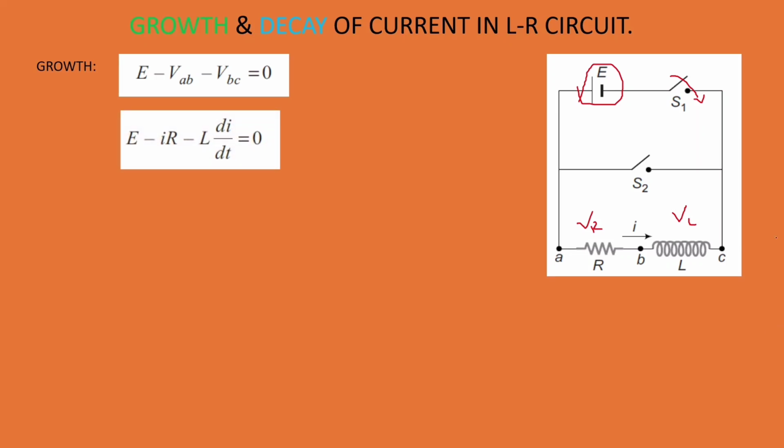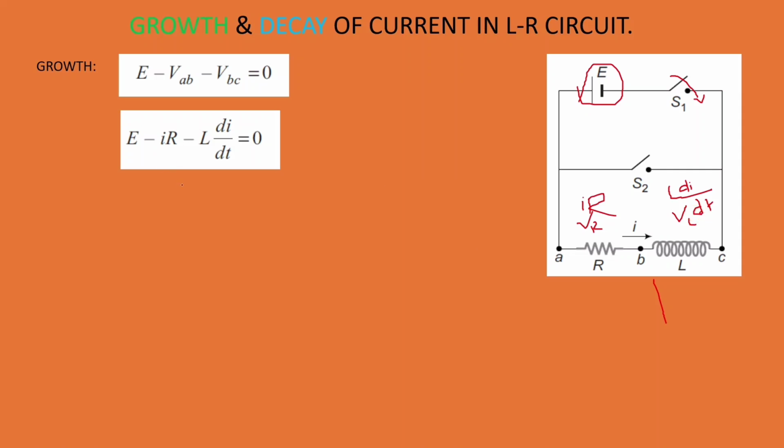Now VAB is the voltage drop across the resistance, VR, that is I times R. So this voltage drop is I times R, and this voltage drop is L di dt. So this is the KVL for this circuit.